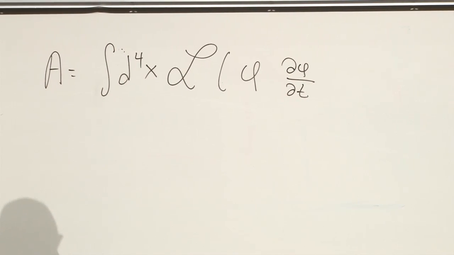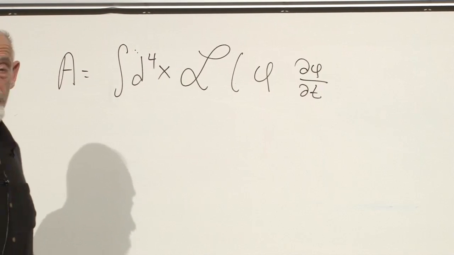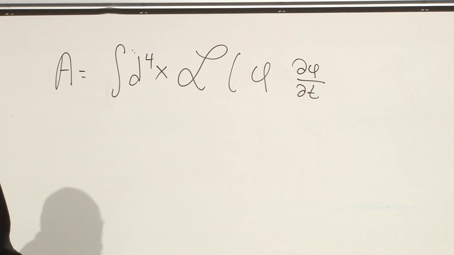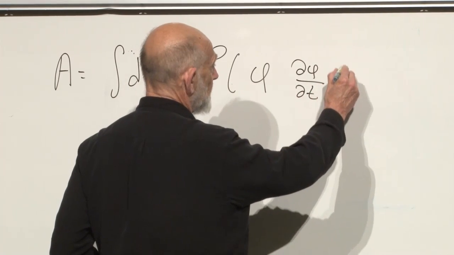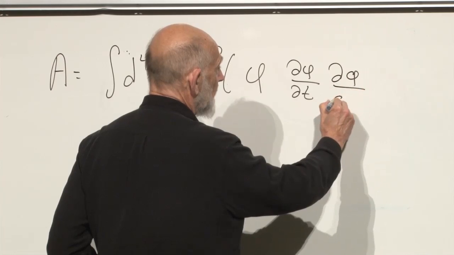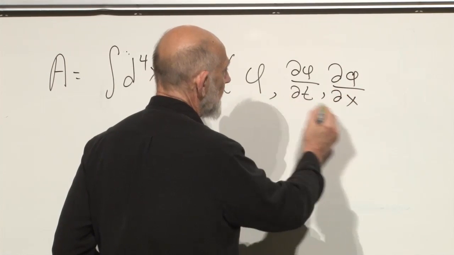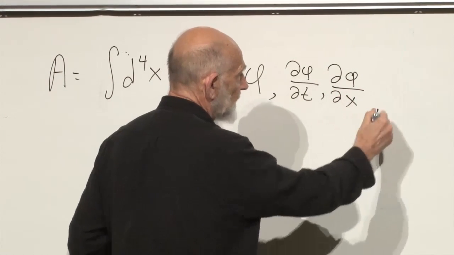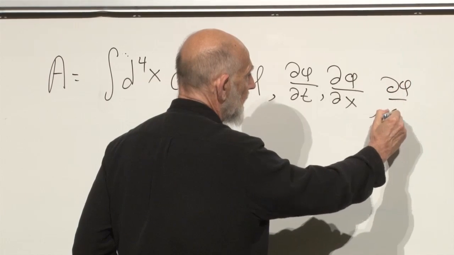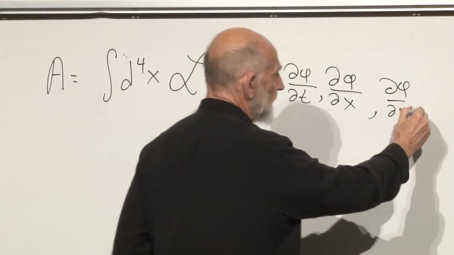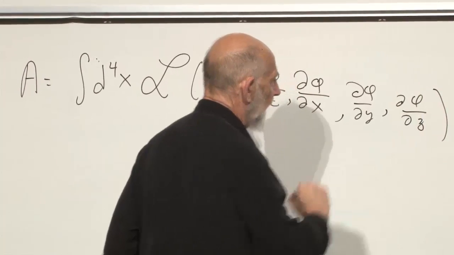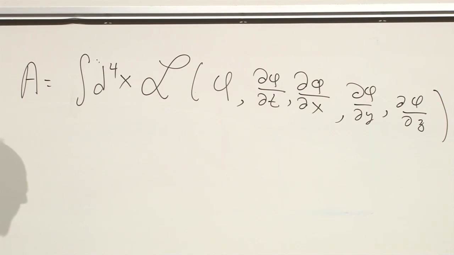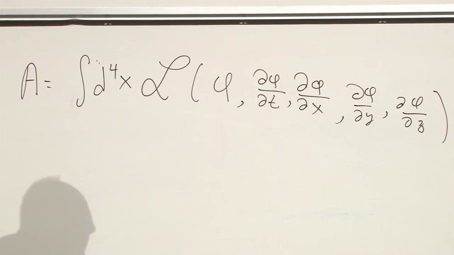But if it's going to depend on d phi by dt, and we're dealing in a theory of relativity where time and space are on pretty much the same or very closely related footing, we might expect it also depends on the derivatives of phi with respect to x, with respect to y, with respect to z. And however many more coordinates there are. That's the Lagrangian.